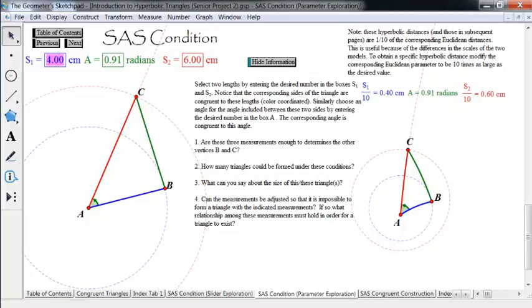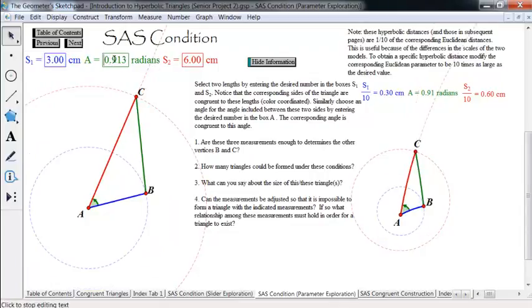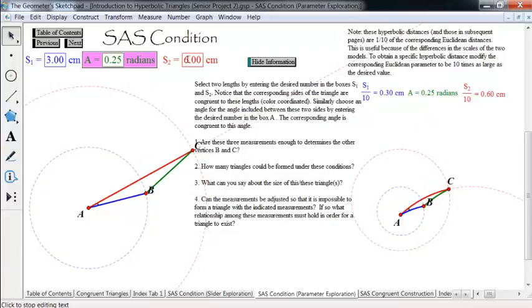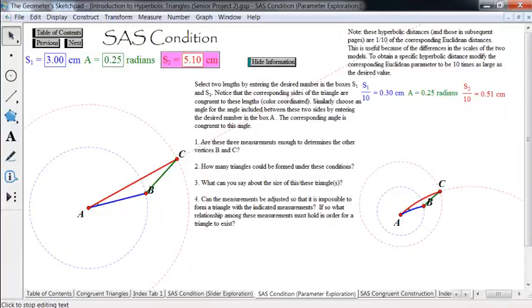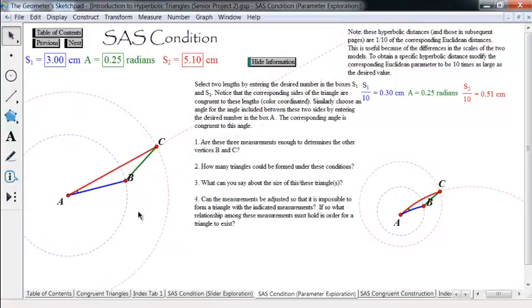Let's say you can type in 3 centimeters, and then in radians, 0.25 radians, and then let's say 5.1 centimeters, and now we have the triangle constructed.